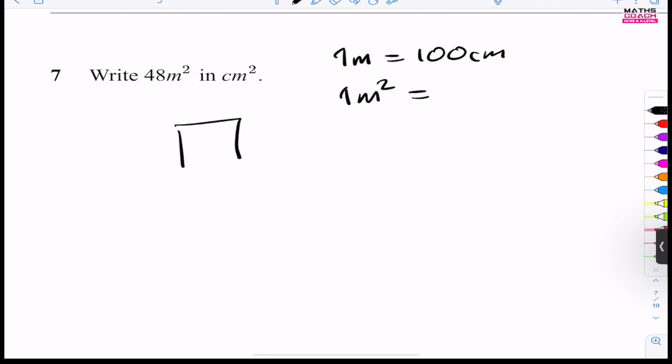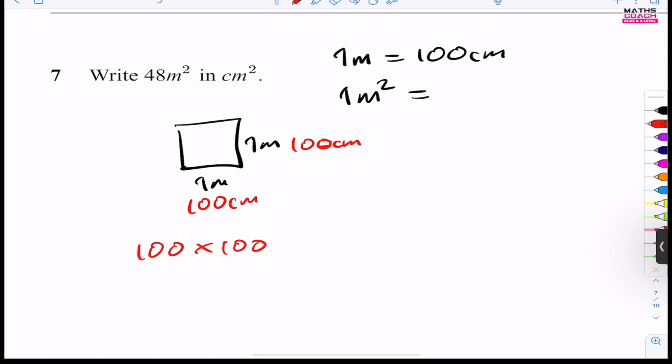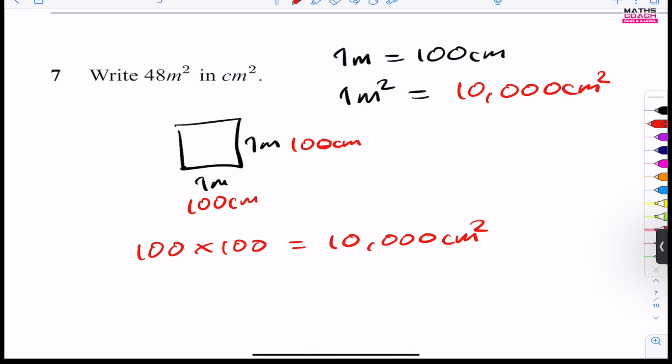If we work out the area here, 1 meter is equal to 100, isn't it, centimeters? So therefore, when you calculate the area, you do 100 times 100, which is 10,000 centimeters squared. So that means 1 meter squared is equal to 10,000 centimeters squared. That's what you need to do.